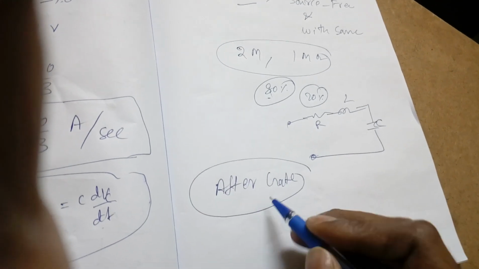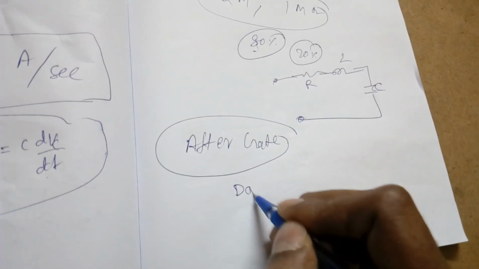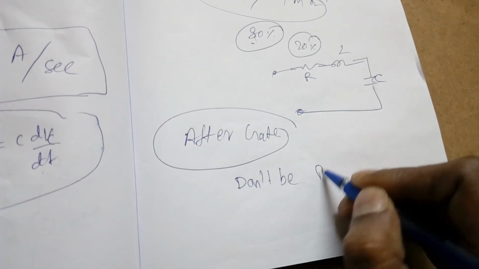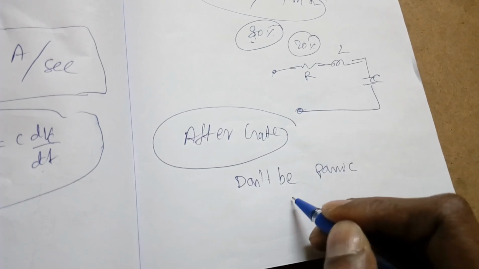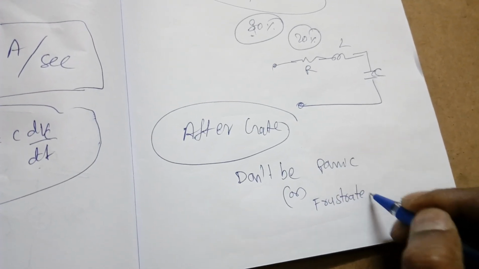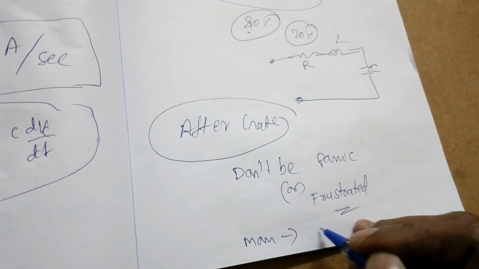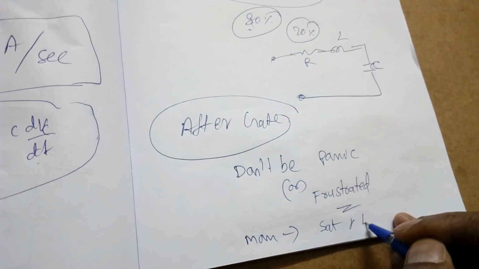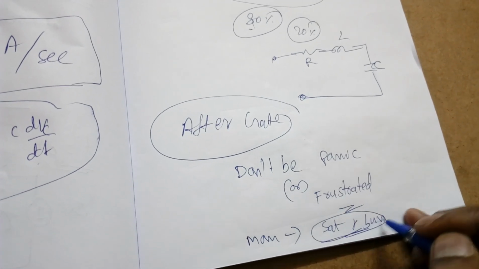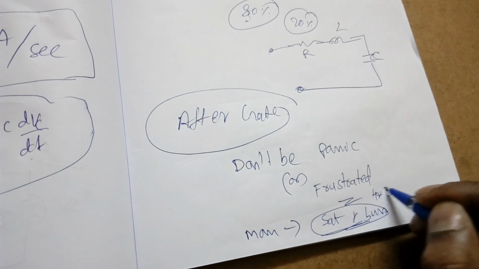And the final words I will say is, don't panic or get frustrated whenever you are not getting it in this 1 week. This is Monday and we will have Saturday and Sunday, the 4th and 5th.